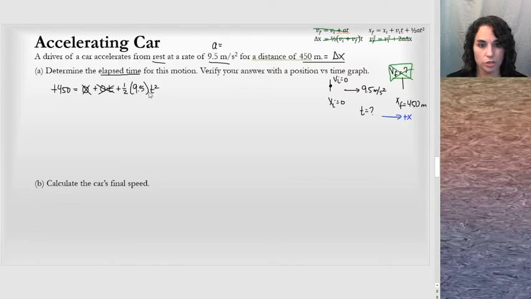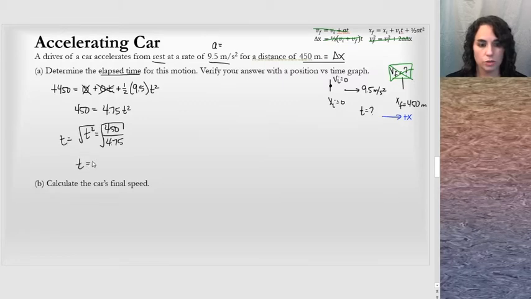So I'm going to note that 450 equals half of 9.5. Well, that's 4.75. I can divide that by 2. T squared. So I can divide by 4.75 on both sides. 450 divided by 4.75, and take the square root on both sides, and that would give me the time itself. T equals the square root of t squared.